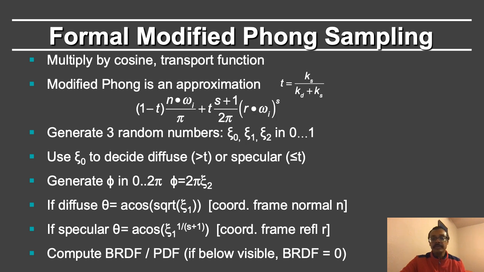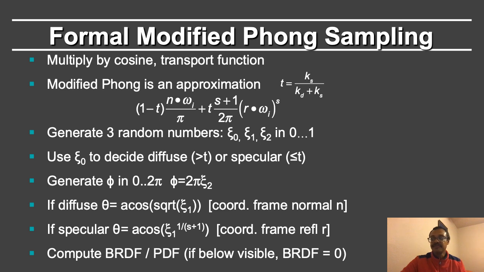The phi will be generated from xi2, and it is in the range of 0 to 2 pi. It is formed by taking a factor of 2 pi and multiplying that by a uniform random variable. Now we come to generate the theta value. This differs depending on whether you're in the diffuse or the specular.